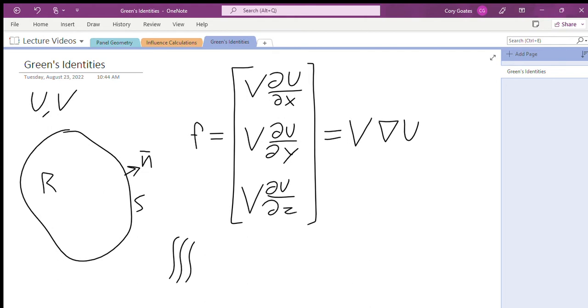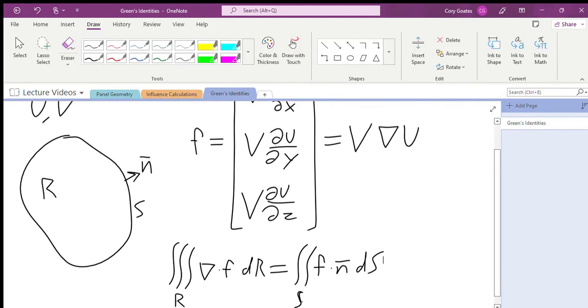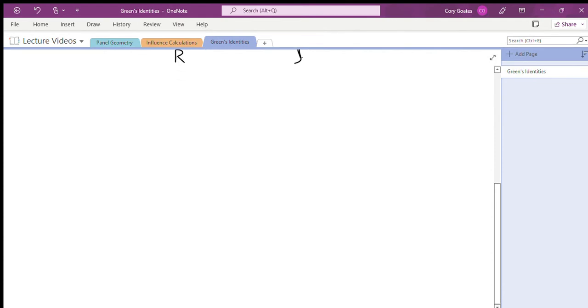We say that the volume integral over R of grad dot F, and the gradient dotted with a vector, that's the divergence of the vector field, times dR is equal to the integral over the boundary of R, so S, of F dotted with n, that outward normal vector, dS.